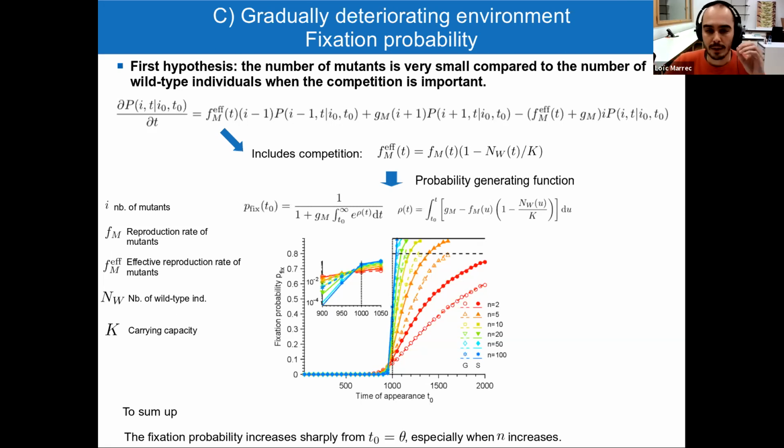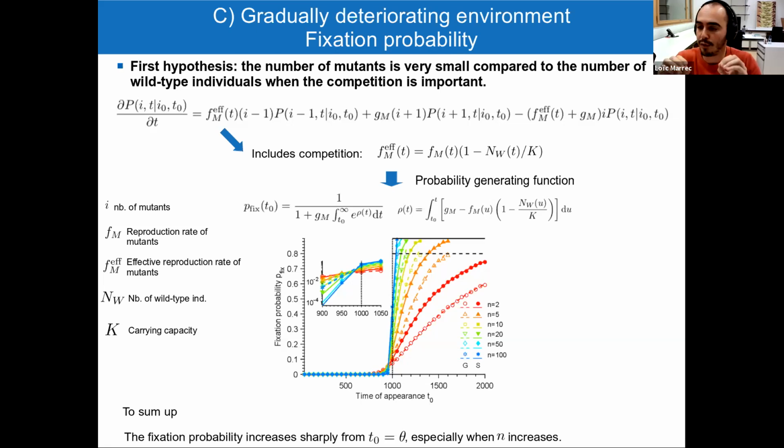And so using this assumption, I can write a master equation governing the probability of having a given number of mutants at a given time. Which is very convenient, because then I don't need to deal with a master equation with two stochastic variables, the number of wild-type individuals and the number of mutants.